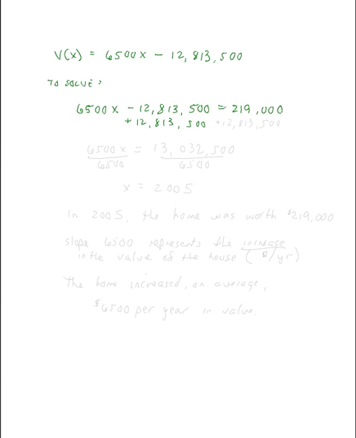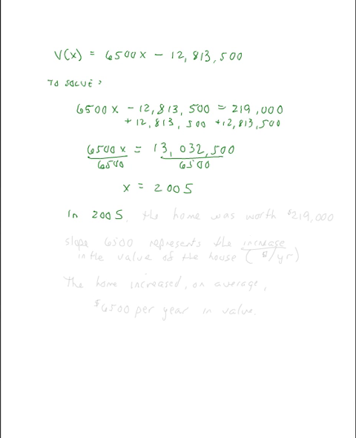Solving a linear equation, we can add a value to both sides of the equation. And so we're going to have 6,500x equal to $13,032,500, and finally, blissfully, dividing by that 6,500, we have that x is 2005.